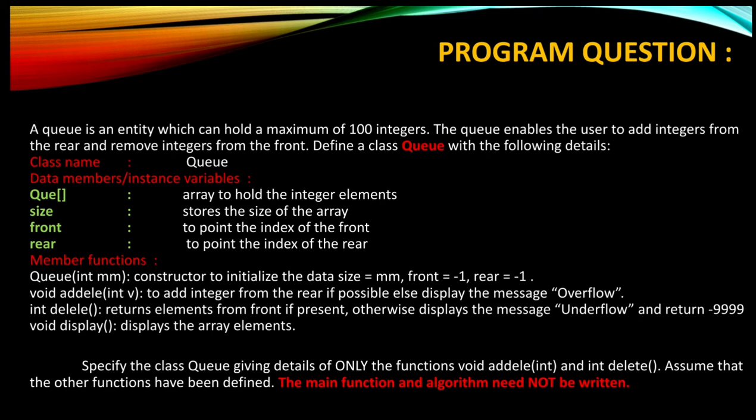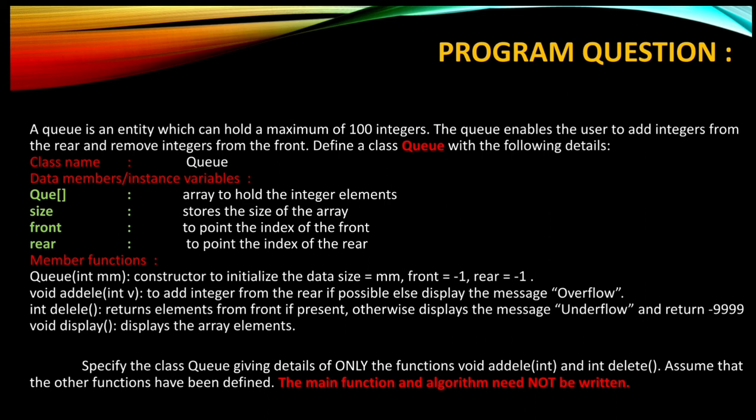See the question: a queue is an entity which can hold a maximum of 100 integers. Means at most you can store 100 integers, not more than that. A queue enables the user to add integers from the rear and remove integers from the front.